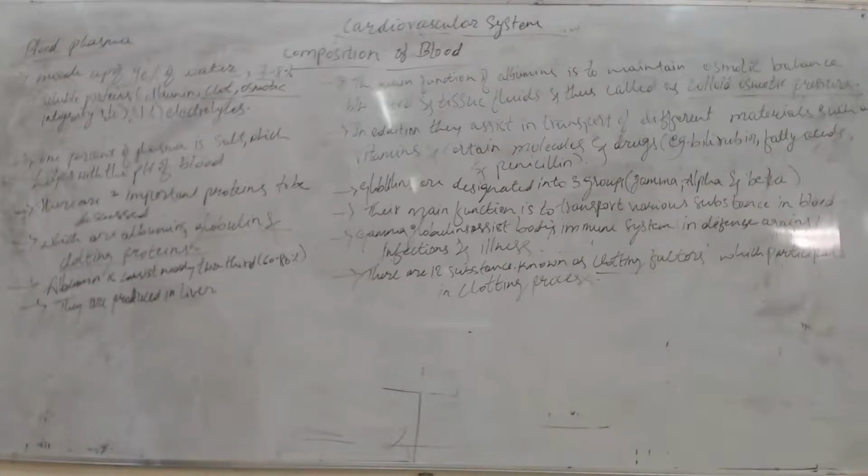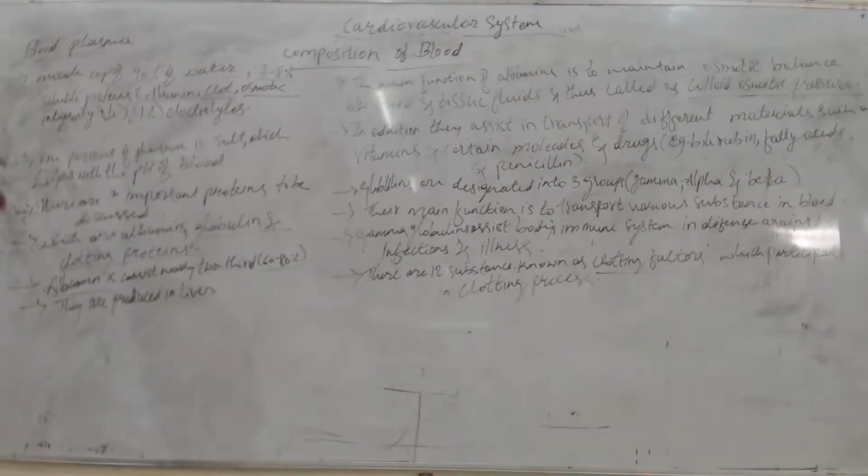The first one, albumin, consists of nearly two-thirds of the plasma proteins, which is 60 to 80%.